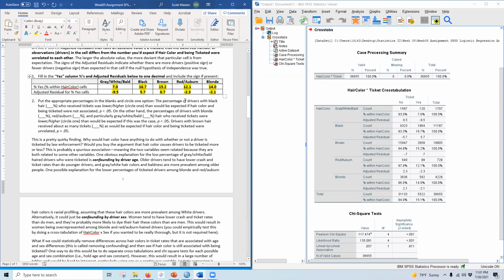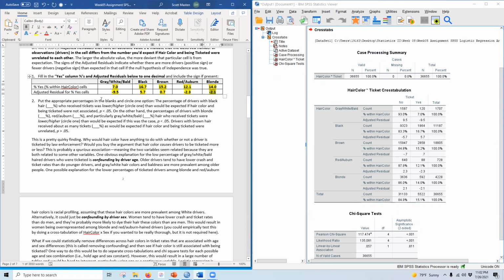If it's positive, that one was higher. So gray-white bald folks were less likely to get a ticket than expected. Black-haired folks were more likely to get tickets. Brown-haired folks, not 2 or bigger, so they got a ticket about as much as you'd expect if hair color wasn't associated with your odds of getting a ticket. Red, auburn, and blonde, lower odds of getting a ticket.